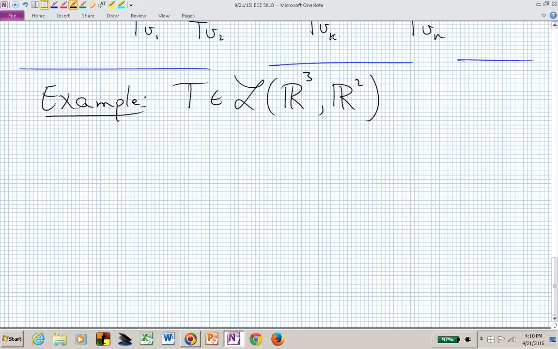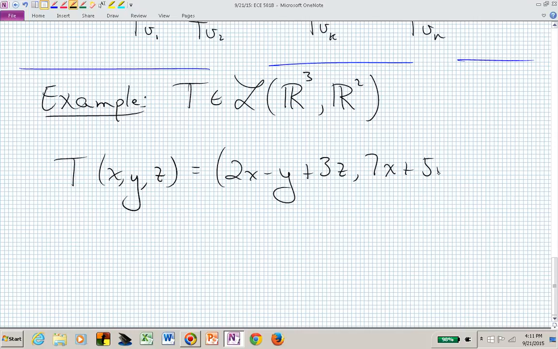We're going from three-dimensional space to a plane. And suppose that T of x, y, z is now 2x minus y plus 3z, and the second coordinate is 7x plus 5y minus 6z.